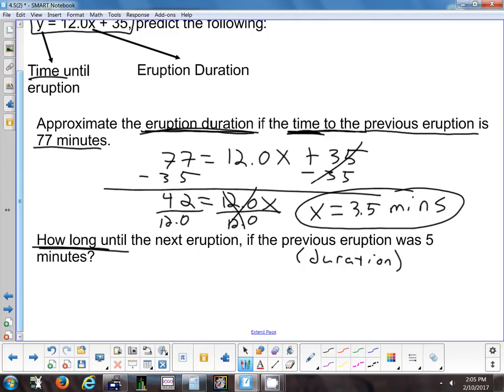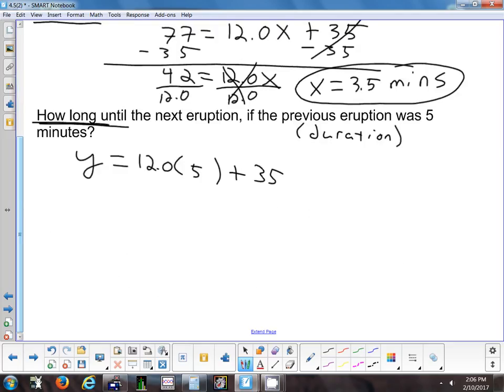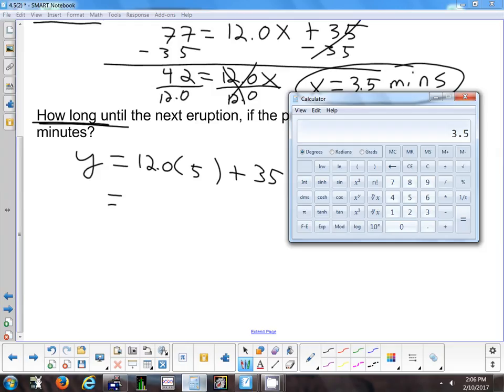Okay, the time. So y equals, can somebody remind me so I don't have to keep scrolling up, what's the formula? 12 times, in this case, the duration is 5 minutes, plus 35. Okay, so we got 12 times 5, plus 35.